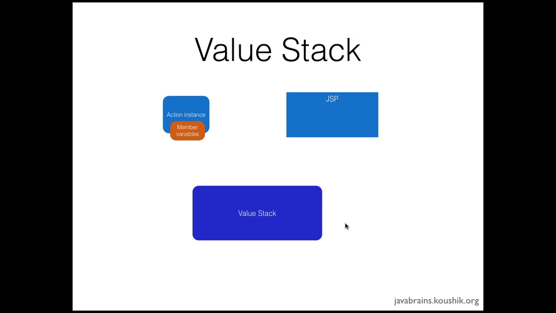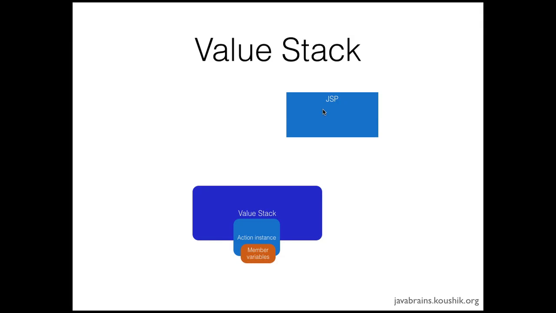One of the things that the Struts2 framework does is, since we now have an action object which also behaves as a model object that we've seen, the Struts2 framework saves this action object onto the value stack. A new action object gets created for each and every request, and that new action object is saved inside the value stack.